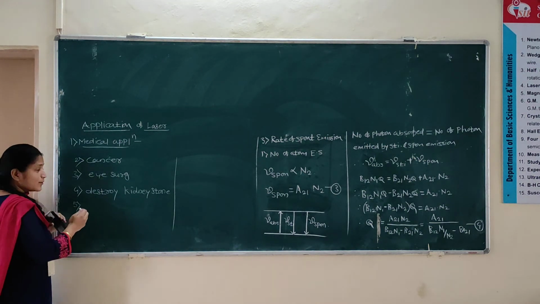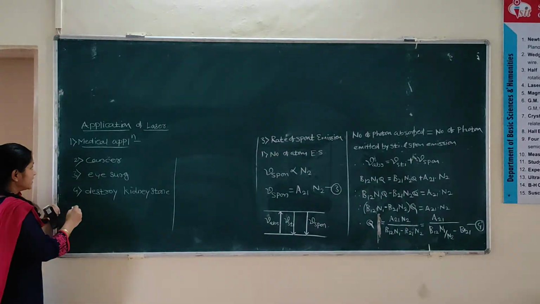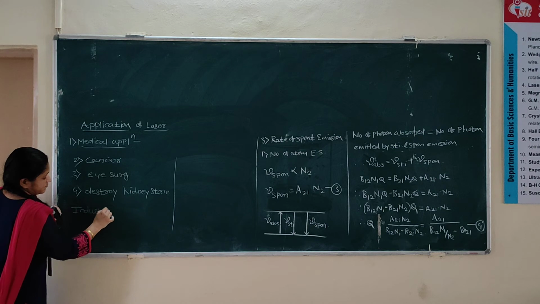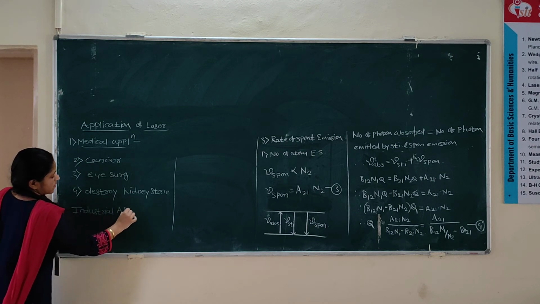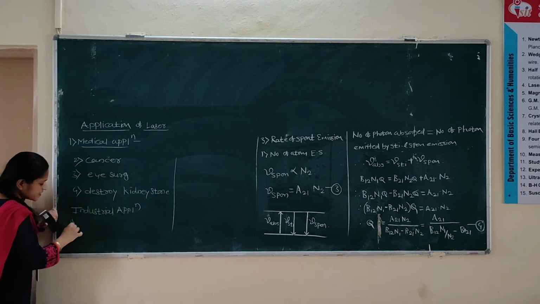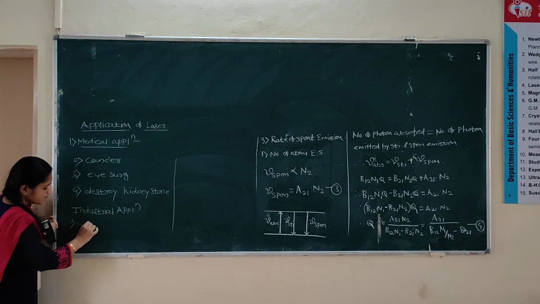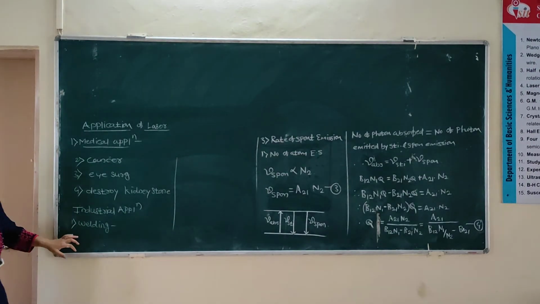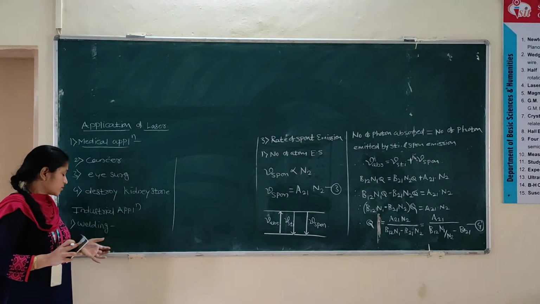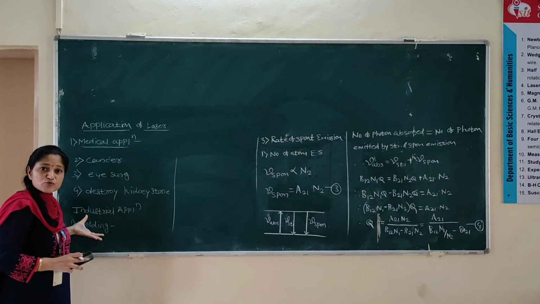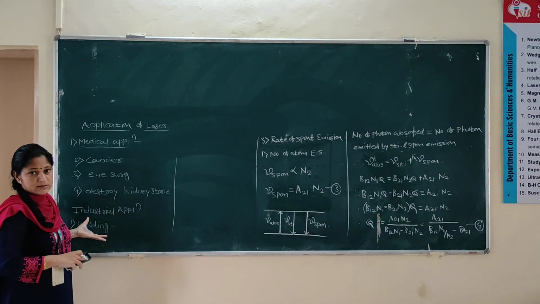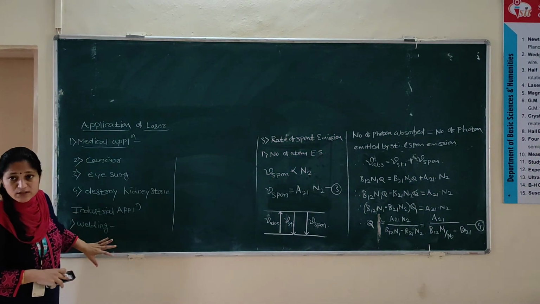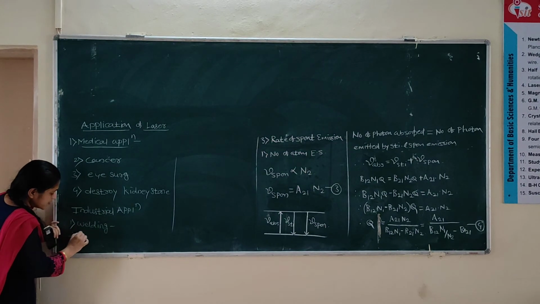Now after that, we discuss the industrial applications. First industrial application is welding. The laser can be used to weld the joints of metal, so for joining two metals the laser can be used. Second one is cutting.